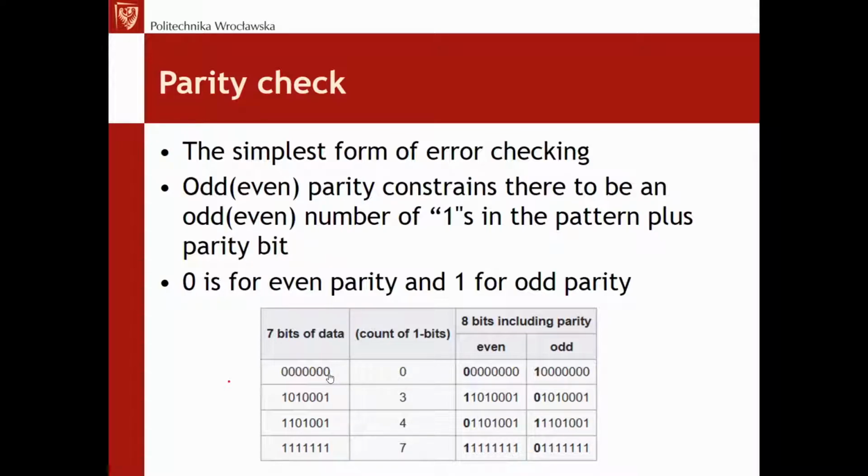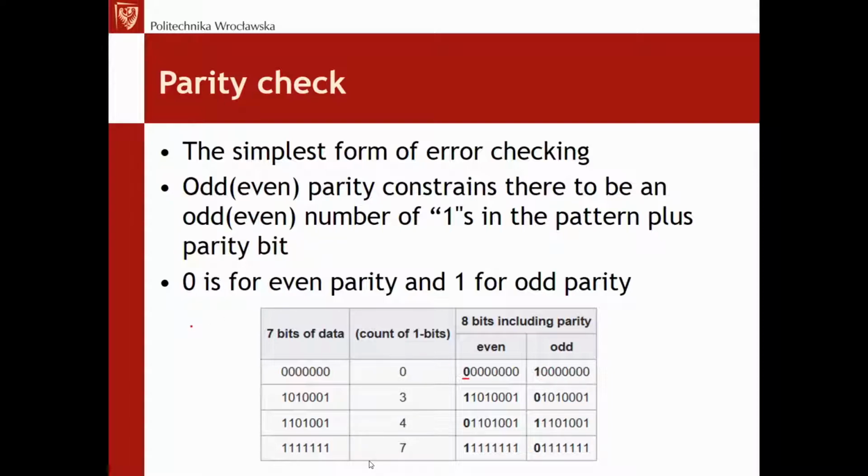This parity bit is set to 0 or 1 depending on whether the number of ones in the original data is even or odd. So we have even and odd parity.